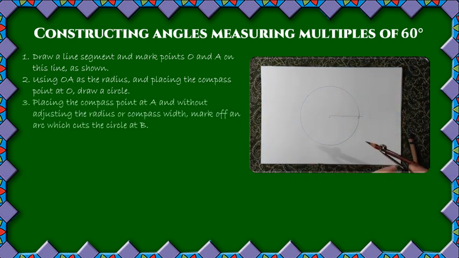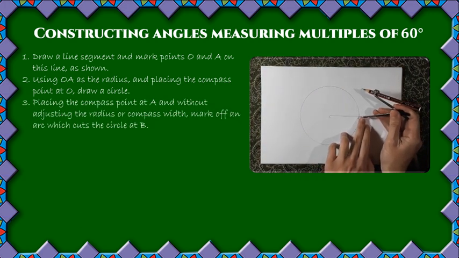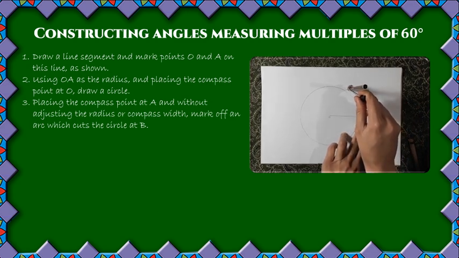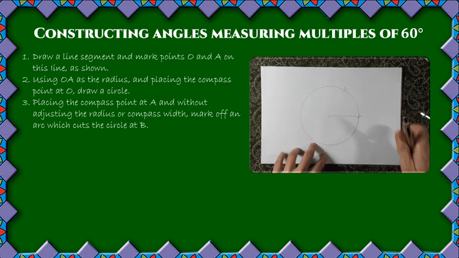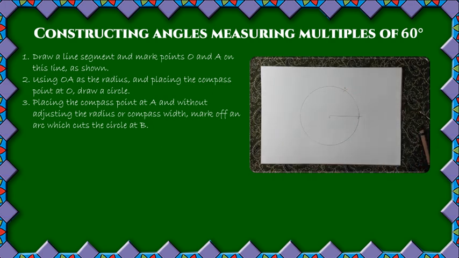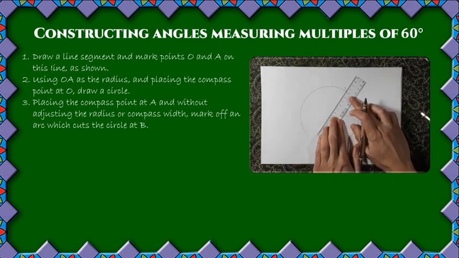Placing the compass point at A and without adjusting the radius or compass width, mark off an arc which cuts the circle at B. We can then indicate that this angle will be equal to 60 degrees.